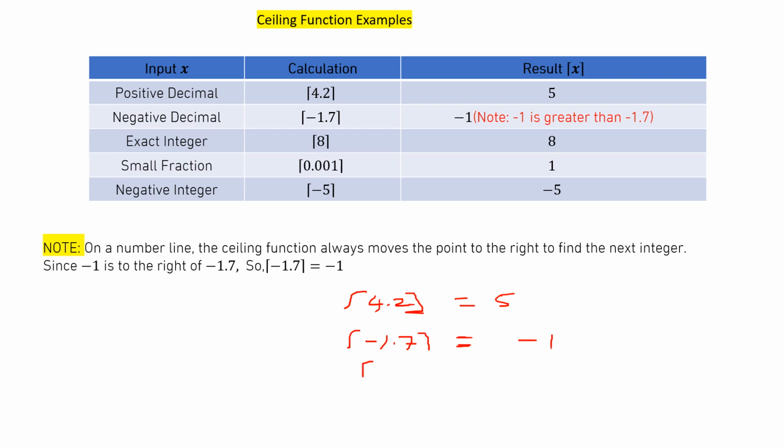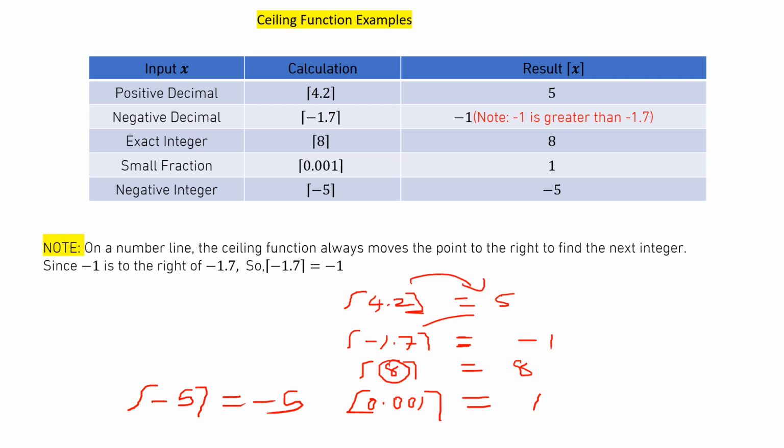Suppose we have the ceiling function of the value 8. Since we have 8, this is the nearest integer. Suppose we have the fraction 0.001. Then the answer is 1. Suppose we have the negative integer minus 5. Then the answer is minus 5. So for the ceiling function, you always look for the nearest integer.